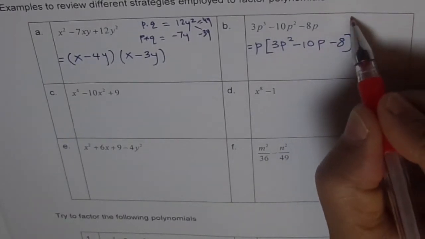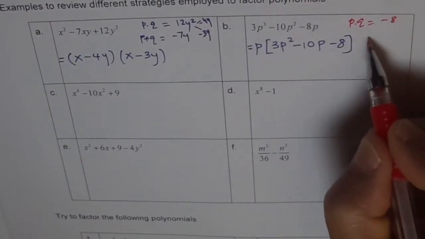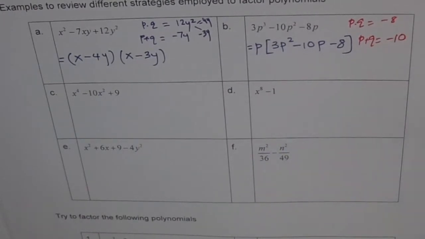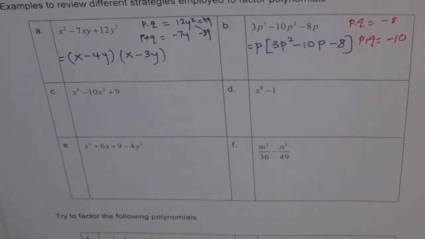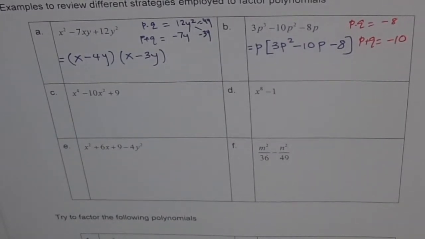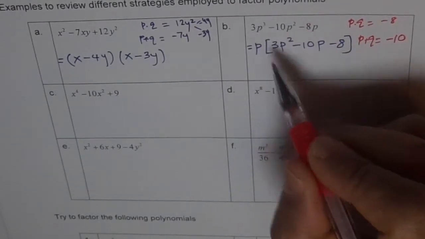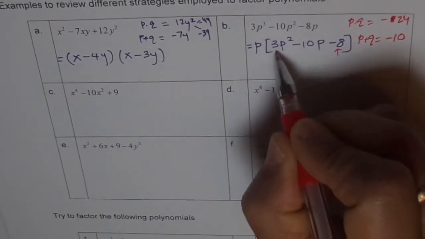What is the product? We want two terms, p and q, whose product should be minus 8. And p plus q should be equal to how much? Minus 10. Correct? So we've got to find two numbers which can give us this. Here the product is 3 times minus 8, so p times q is minus 24. We have to multiply this with this, correct?